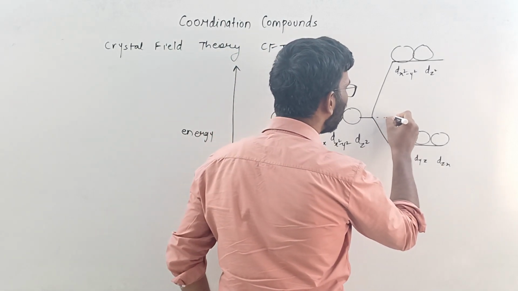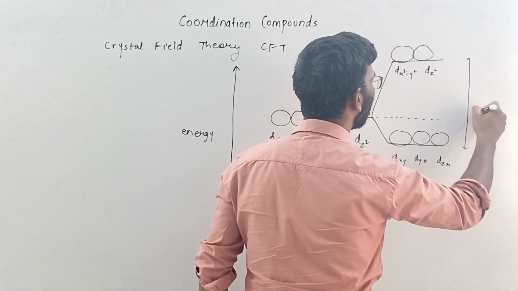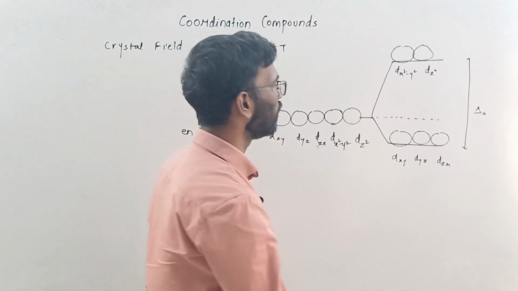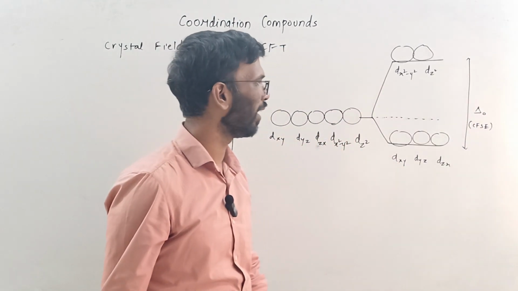So it is splitting into two, right? This whole energy gap is called delta naught. This is CFSE, crystal field stabilization energy.